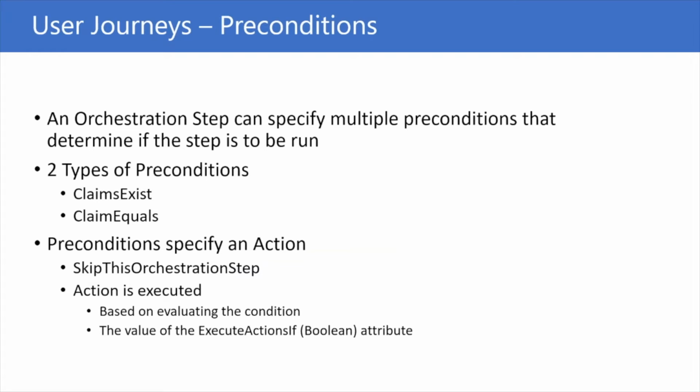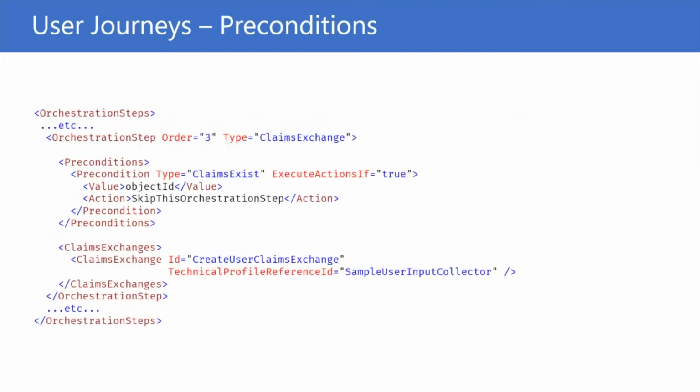Also, you can invert the logic of these checks by adding an execute actions if attribute. So as an example, the technical profile with an ID of sample user collector is skipped if the claims bag contains an object ID claim. The precondition checks for the object ID with a claims exist check, and if it exists, because the execute actions if is set to true, it'll perform the skip this orchestration step action.